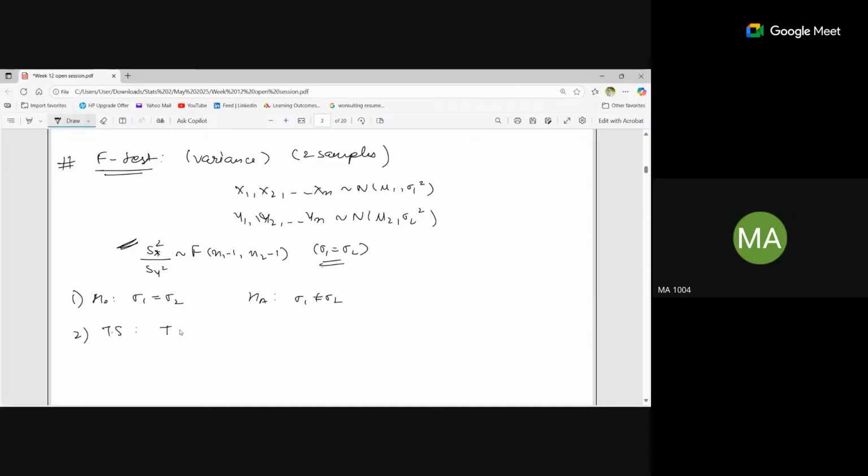My T would be sx square divided by sy square. This is my test statistic. And my test would be what? I would be rejecting H naught if my T is greater than 1 plus cr, or if T is less than 1 minus cl. Okay, so now what are cr and cl?